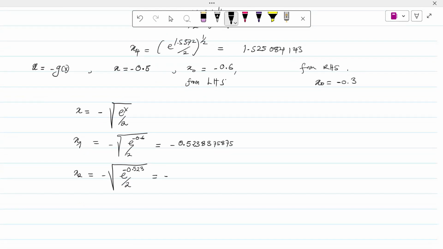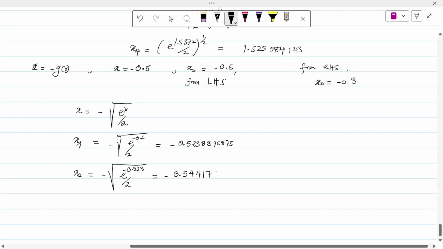Negative 0.544. Then 0.513. Okay, let's see.